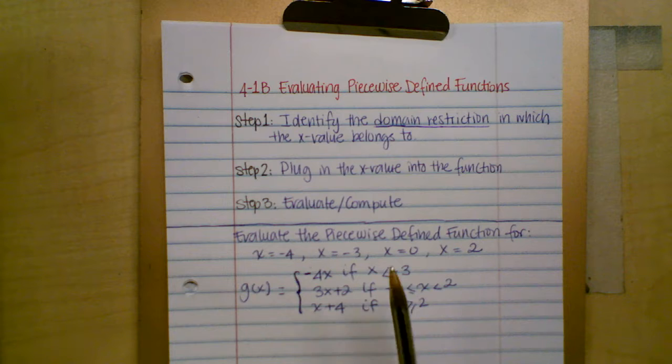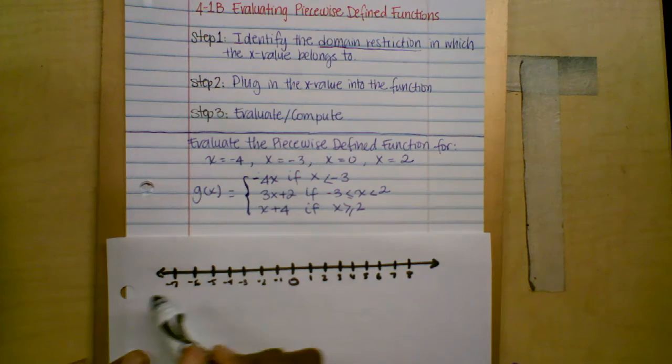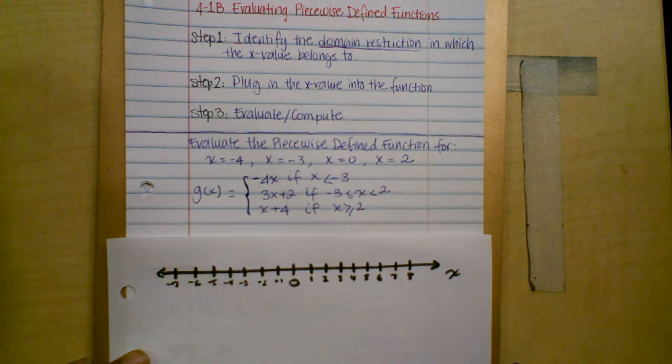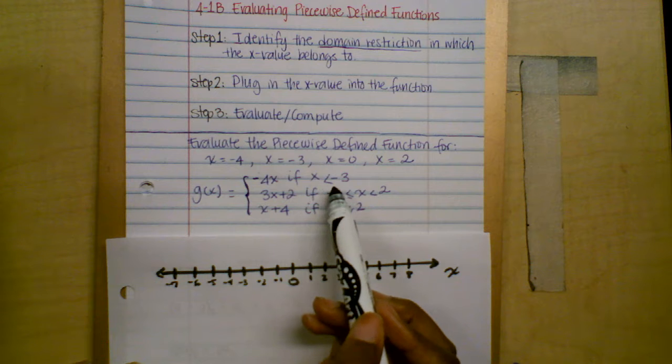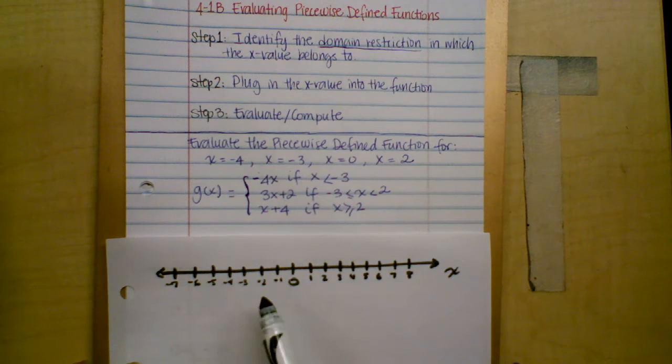What does it mean? It means that -4x can only exist where the x values are less than -3. If you want to see this on the x-axis, imagine here on the x-axis, what are all the numbers that are less than -3? You see that -3 is right here.